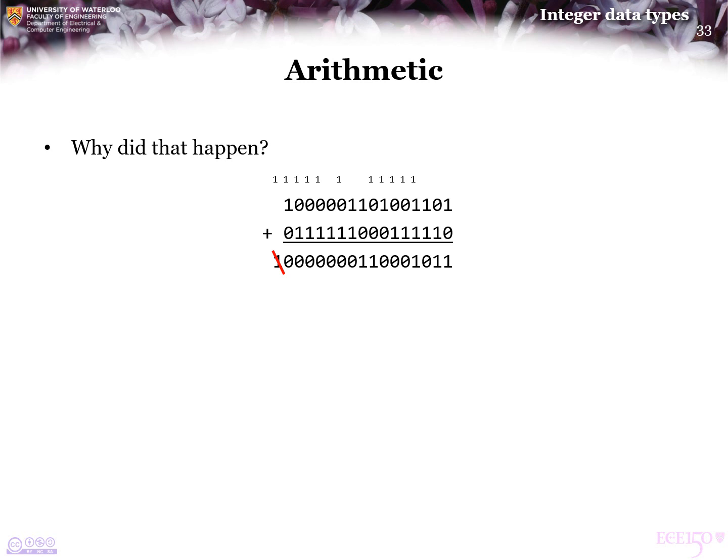Therefore, the sum of these two numbers is 110001011, which is 1 plus 2 plus 8 plus 128 plus 256. This equals 395, which is the sum of these two values, as expected.